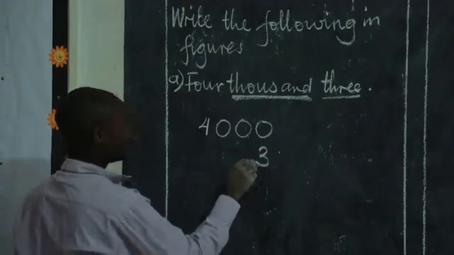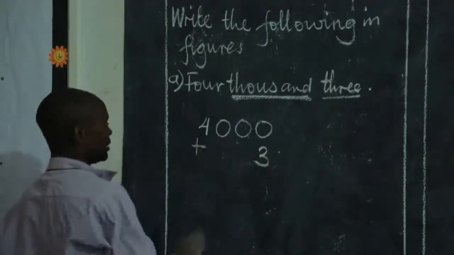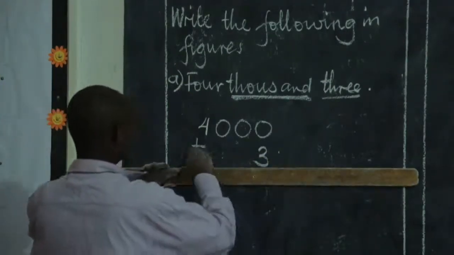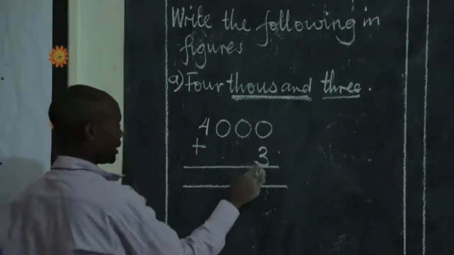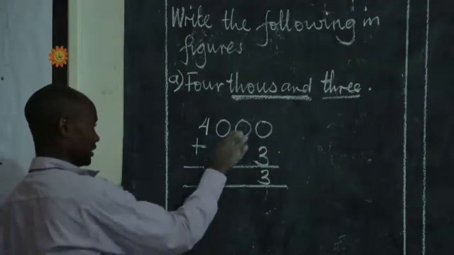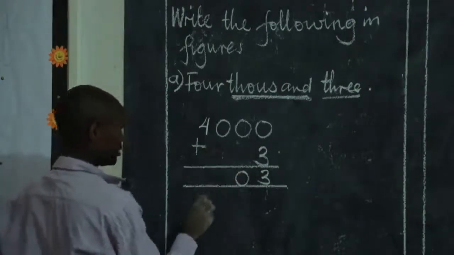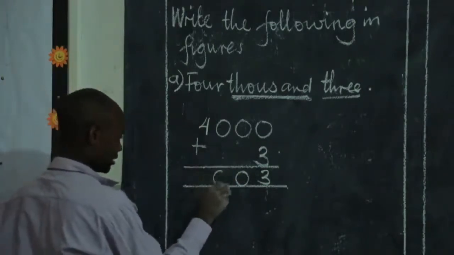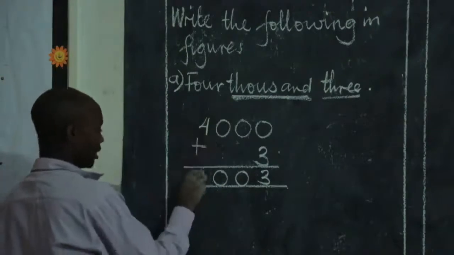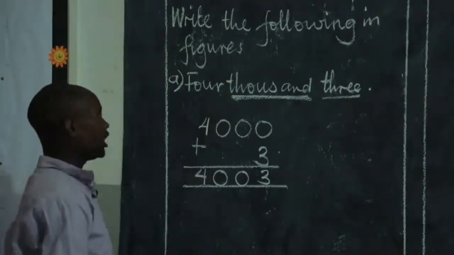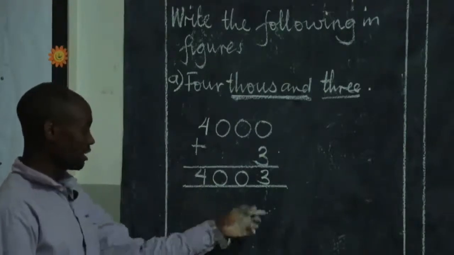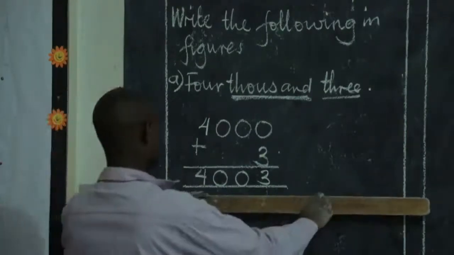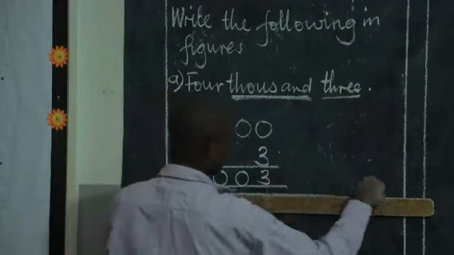So we come and put here 3, then we add. So we shall have 0 plus 3, 3, 0 plus nothing, 0, 0 plus nothing, 0, and here we shall have 4. So our number which was written in words is here, 4,003.